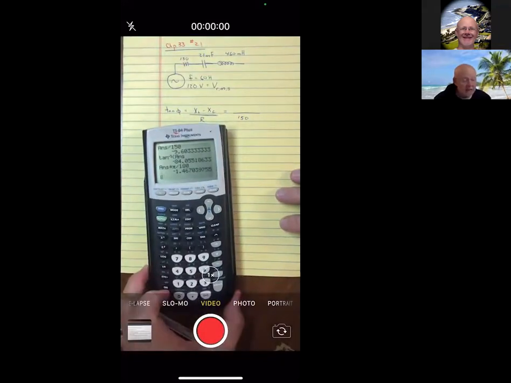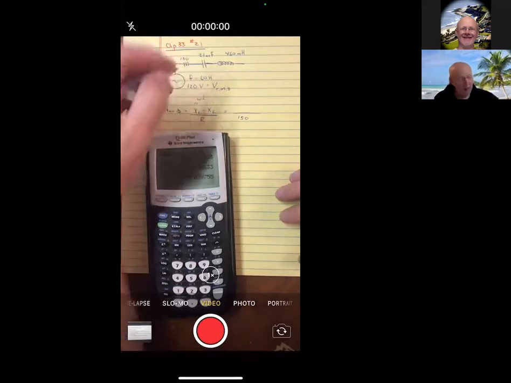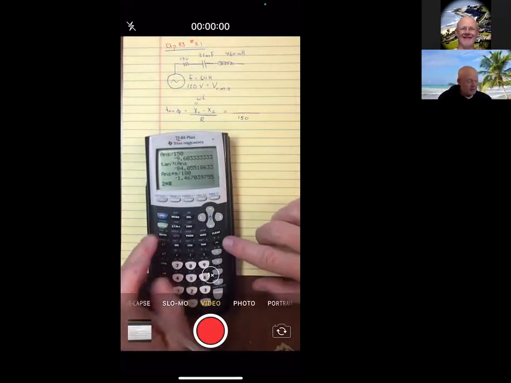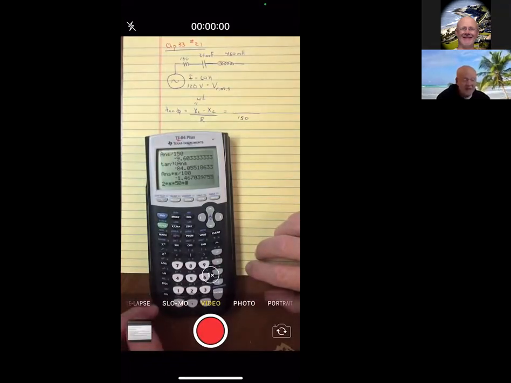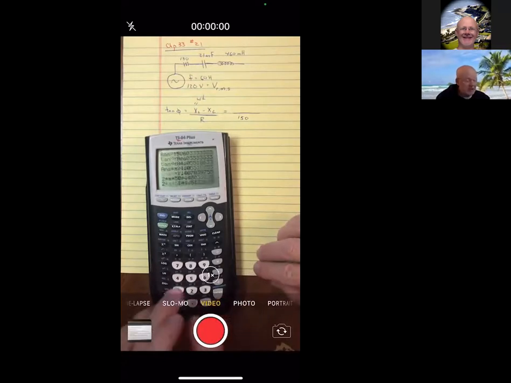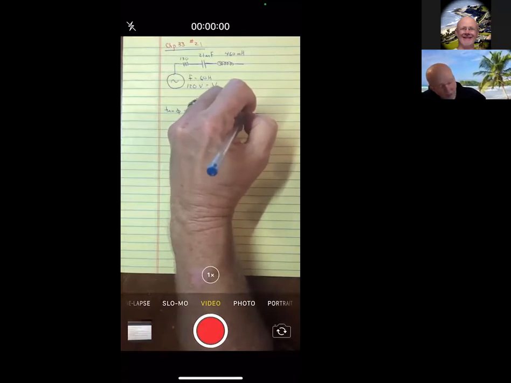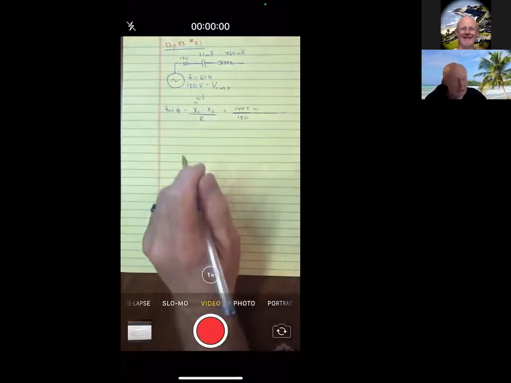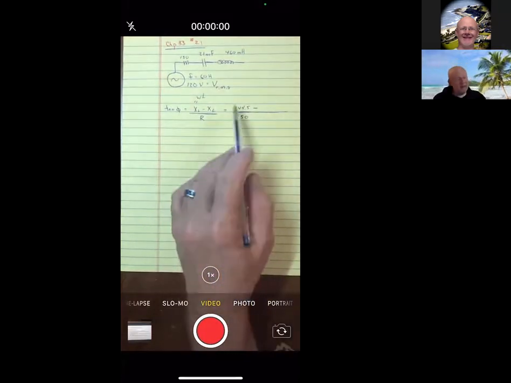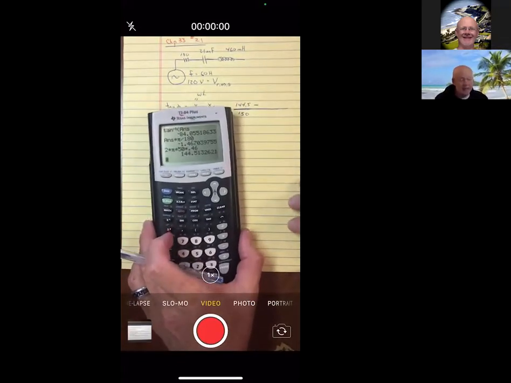But the reactance of the inductor, that's the omega L. So that would be 2 times pi times 50 times 0.46. And we are looking about 144.5 for the reactance of the inductor. That doesn't seem like a very big number. So I'm going to think that the capacitor here is dominating.